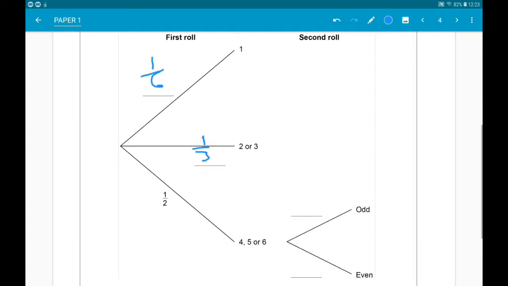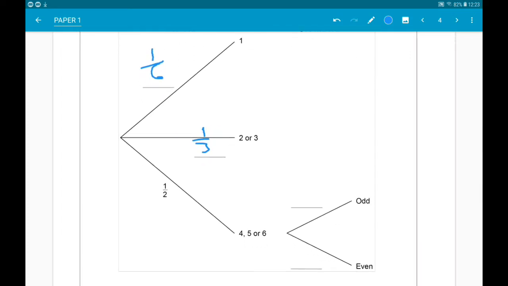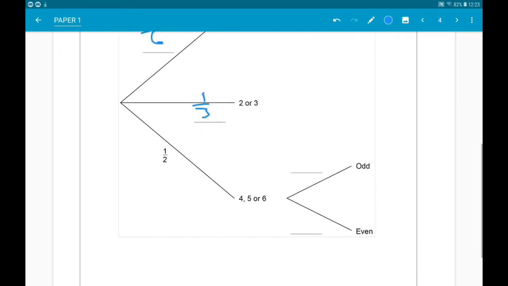So then we got the probability of 4, 5 or 6. So the probability of getting an odd is 3 out of 6, which is a half. The probability of getting an even is exactly the same. Okay, then for part B.